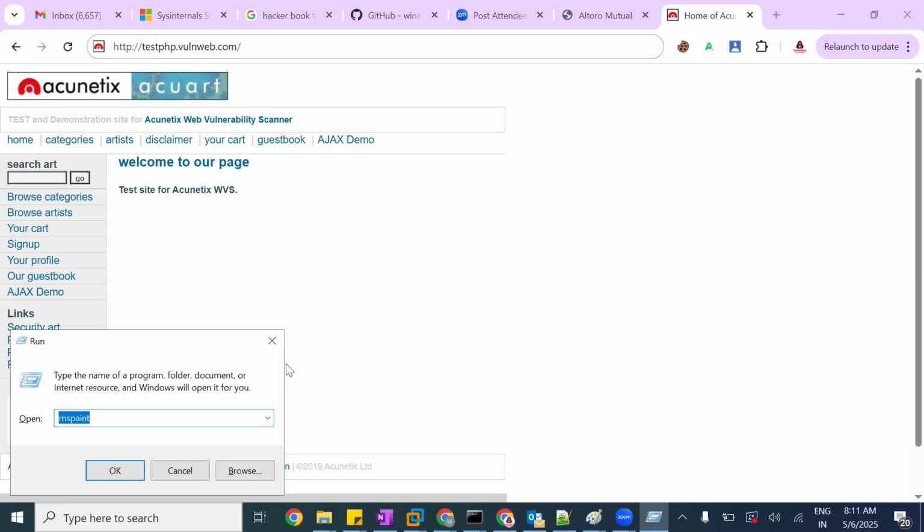Let us go a little bit deeper into the HTTP and HTTPS communication. So assume there are two users, our client and server.